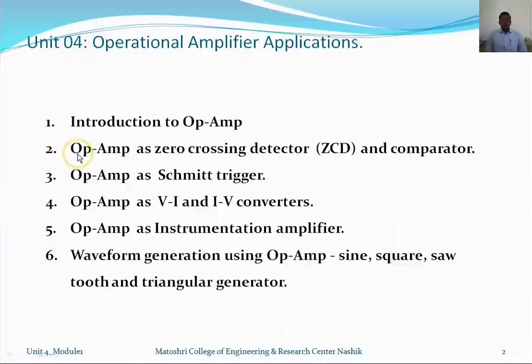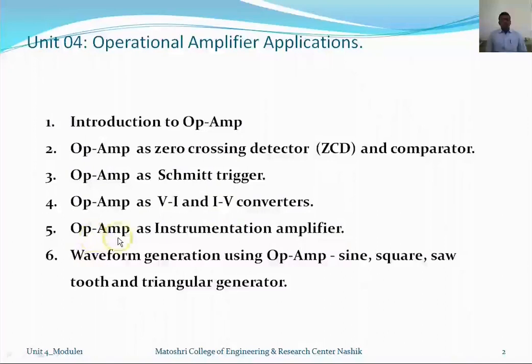In the second module we started the applications of op-amp. In this second module we studied the operational amplifier as a zero crossing detector and comparator. In the third module we studied the operational amplifier as a Schmitt trigger. In the fourth module we studied the operational amplifier as a V to I and I to V converter.